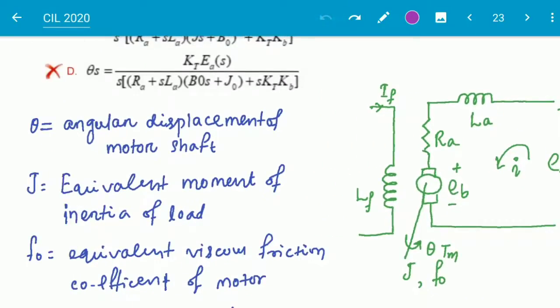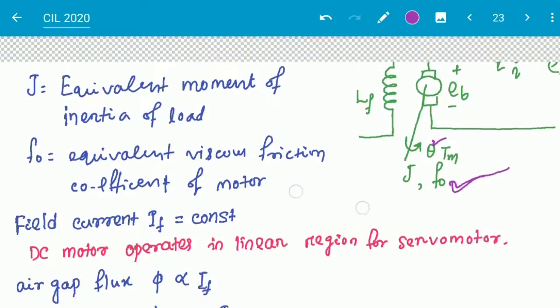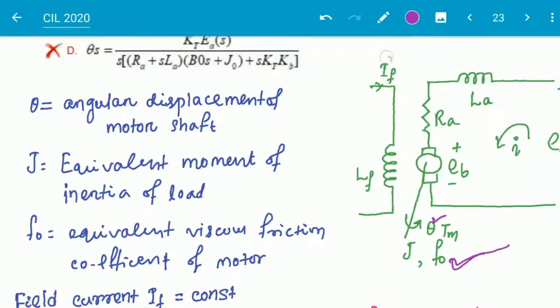Here theta is the angular displacement of the motor shaft, J is the equivalent moment of inertia of load, and F0 is the equivalent viscous friction coefficient of the motor. The field current IF is constant, as this is armature controlled.